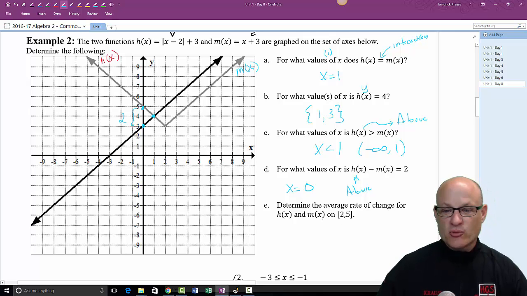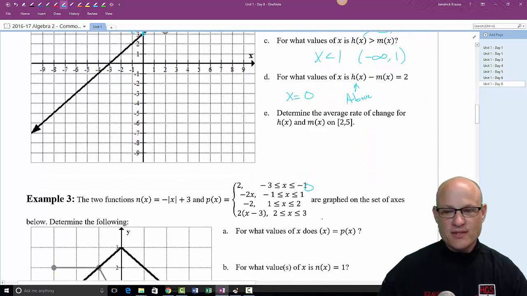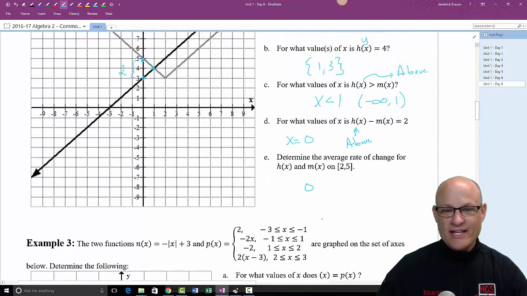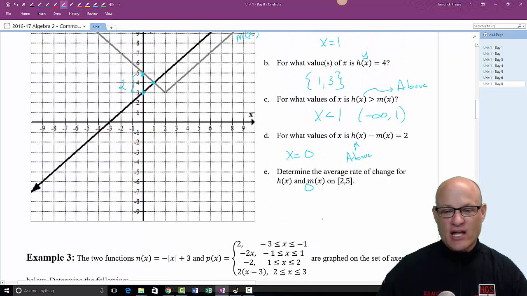All right, so determine the average rate of change of h of x and m of x from 2 to 5. Well, m of x is just a line.